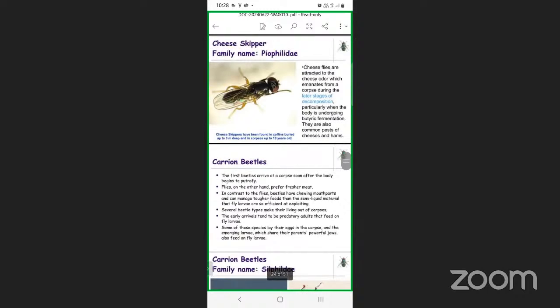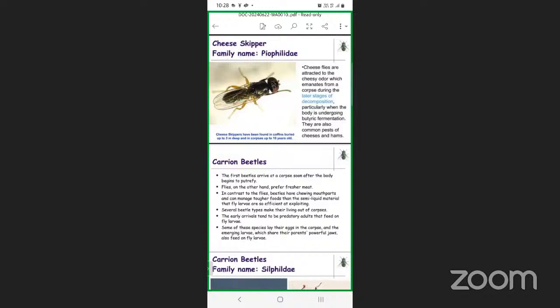So when we are talking about dry conditions, we even see beetles having chewing mouthparts which can manage tougher foods. Several beetle types make their living on the corpse or nearby to the corpse.